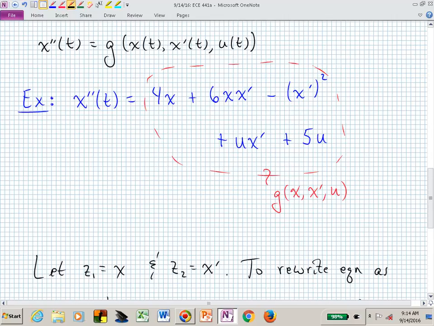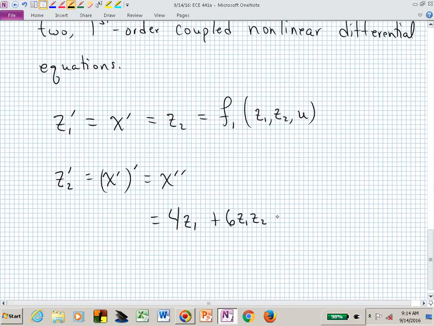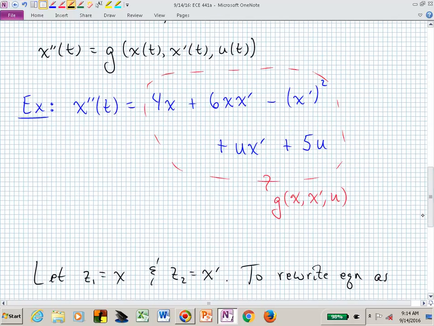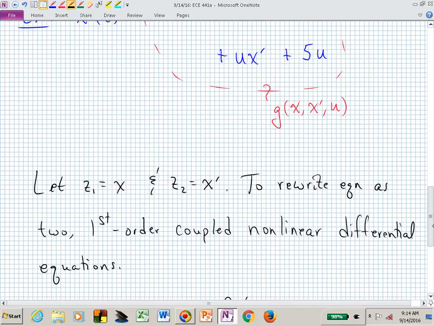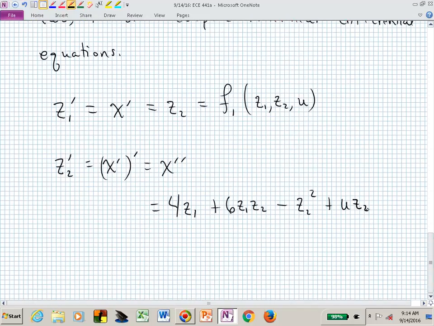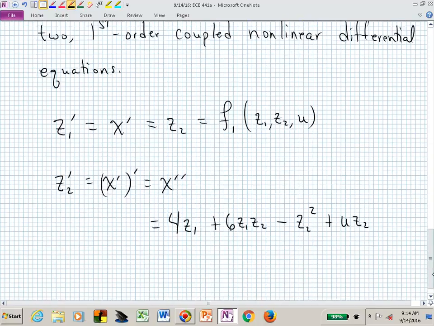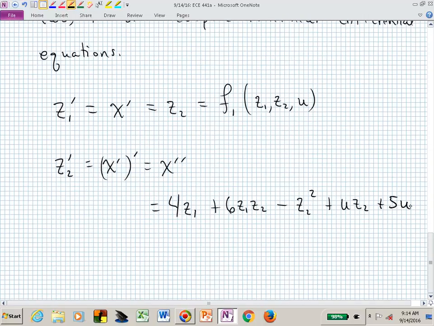We now have minus z sub 2 squared plus u, which was multiplied by x prime, which is z sub 2, plus 5u. And this mess is our f sub 2 of z1, z sub 2, and u.